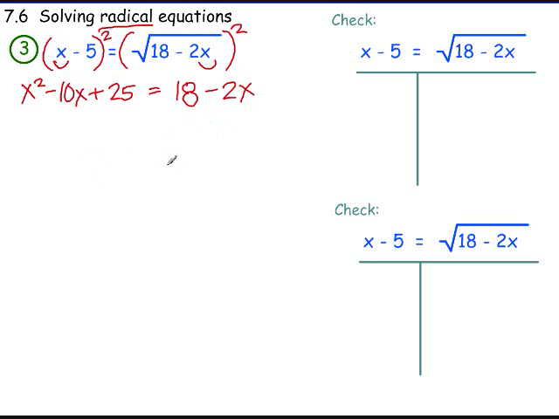Ooh-wee, look at this. I've got a quadratic. Remember, anytime you see a quadratic, I want you to think of this. The 0. I can hear you saying it.